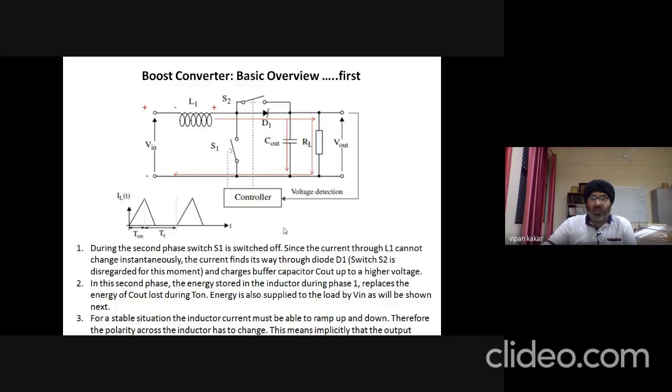Now during this second phase, phi 2, switch S1 gets opened.